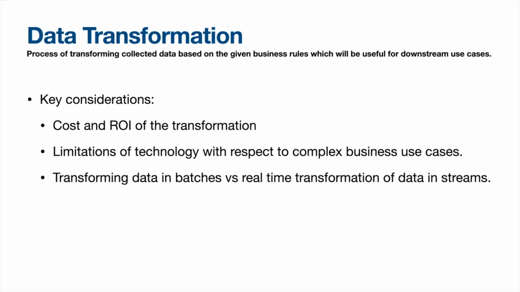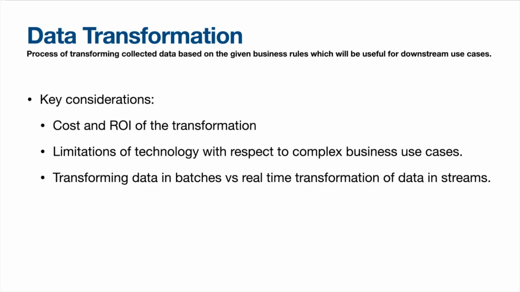In such a case, if you are using distributed transformation frameworks like Hadoop, you are limited by the technology scope, because Hadoop can only do batch processing, and it is very time consuming when you compare it with other distributed frameworks such as Spark. So based on the speed at which you need to generate insights, you need to pick the correct distributed framework that can leverage the maximum output for your business use case.